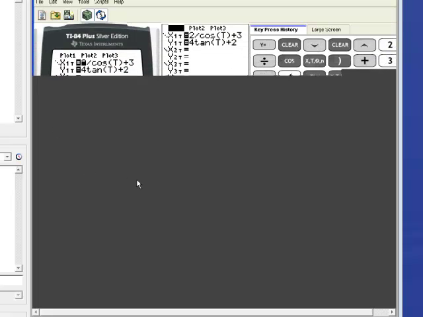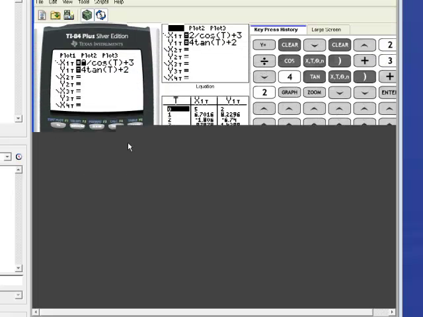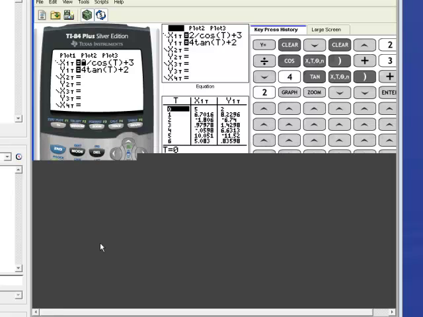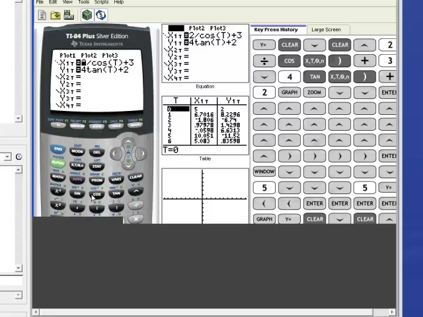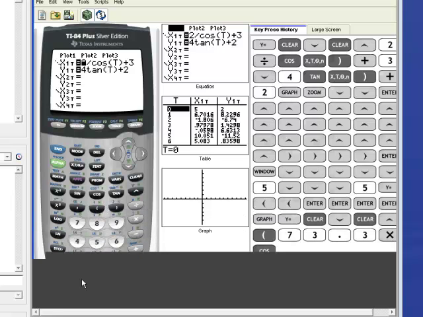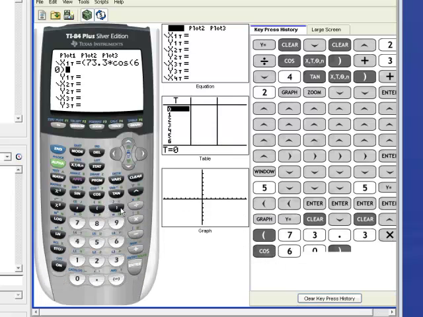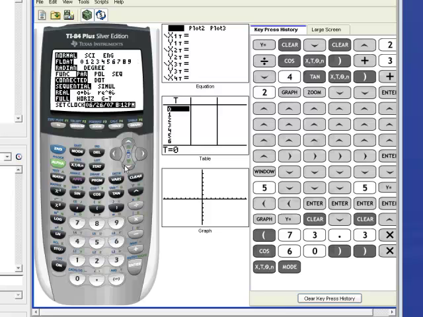Okay, x equals parentheses 73.3 times cosine of 60 degrees times t. I might as well check if I'm in degrees. I'm not, so I better be. There we go.